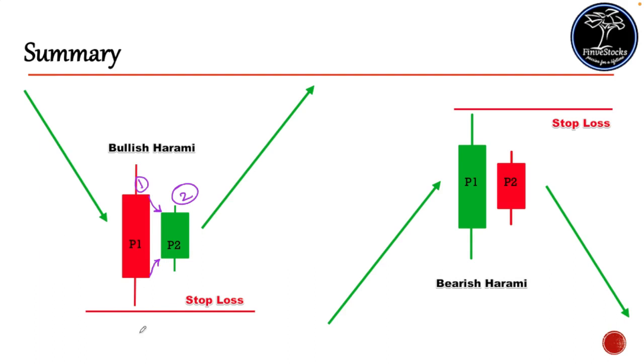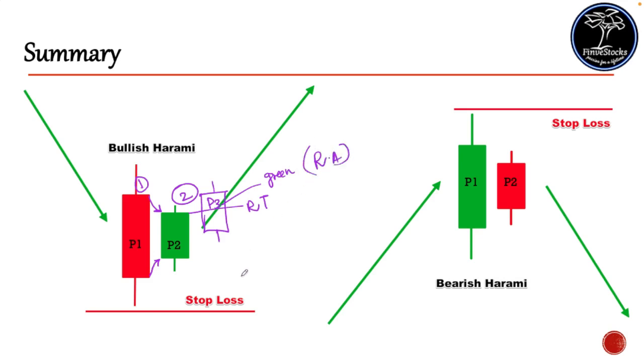The idea is to initiate a long trade near the close of P2 for risk takers. A risk averse trader will initiate the long trade near the close of the day after P2, after ensuring the candle formation is blue or green or bullish. The stop loss for the bullish Harami pattern is the lowest price of P1 or P2.